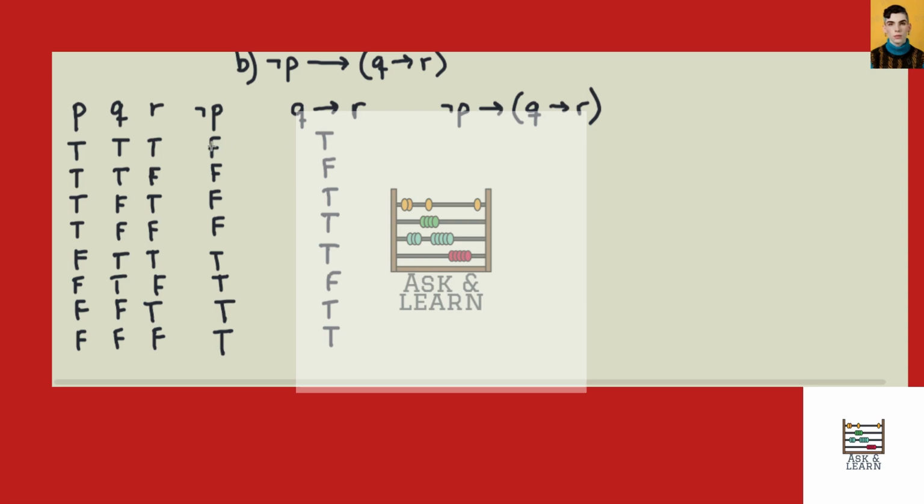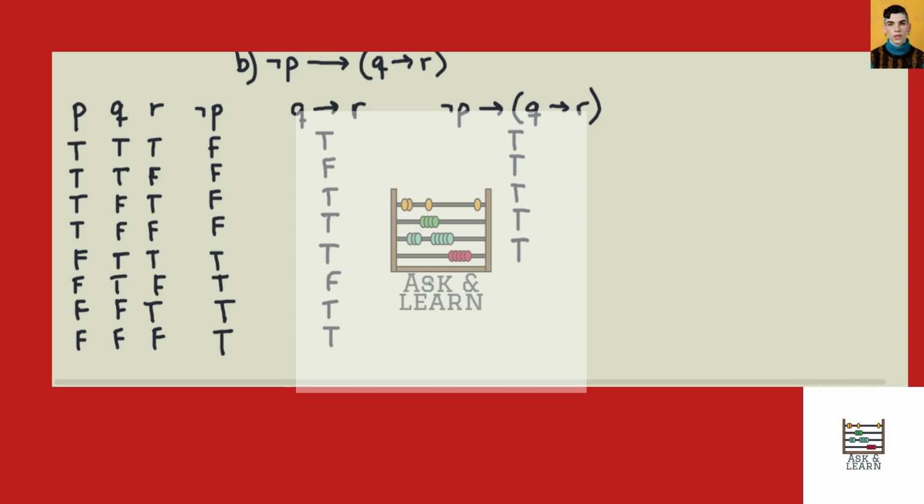Therefore, we could see that the first four start with false. We don't have to look at the second proposition since we know this will automatically make the truth value true. So true for the first four, true, true, true, true. Now, true, true will be true.